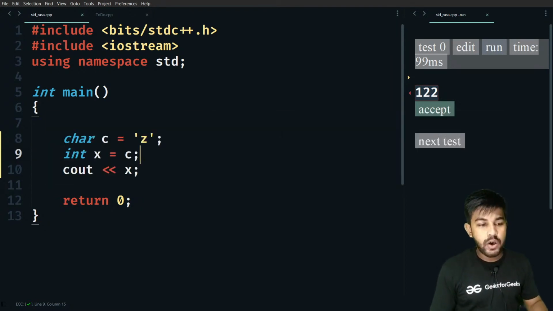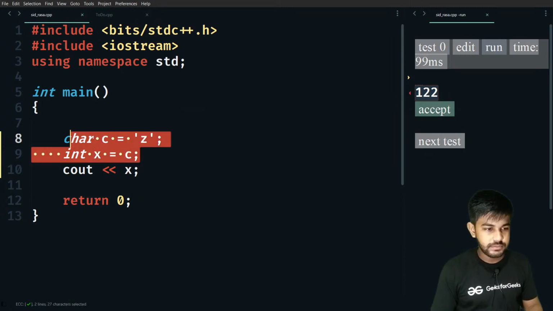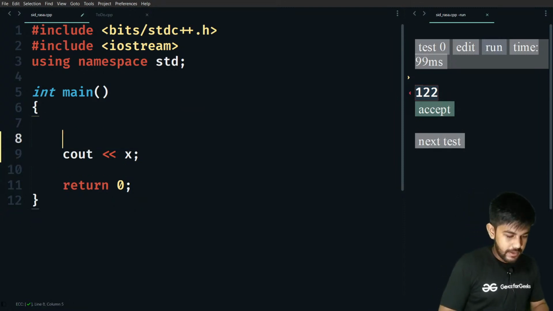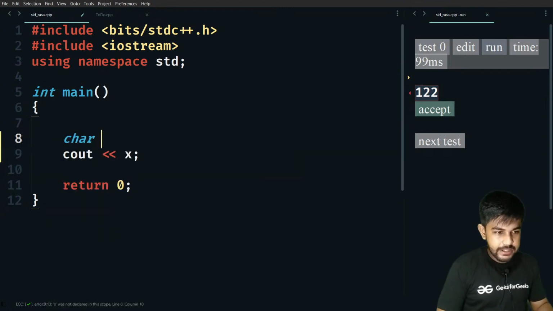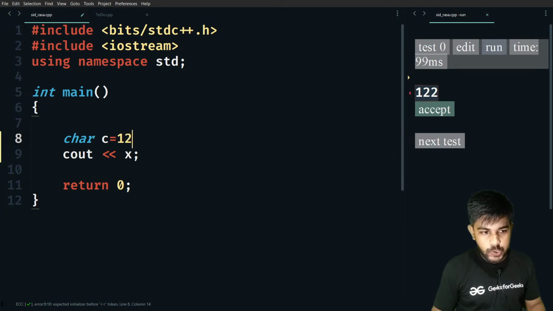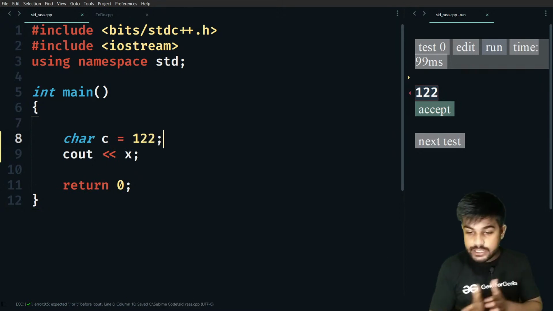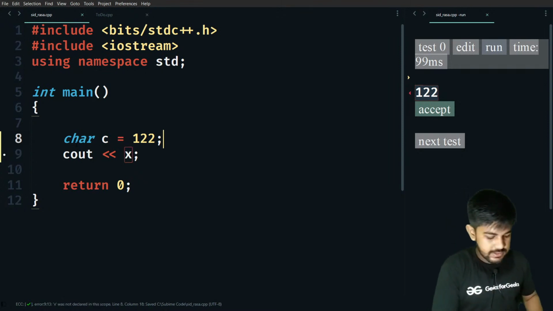Now one more thing. Now char C is equals to 122. Good to go. And we can do the reverse of this.